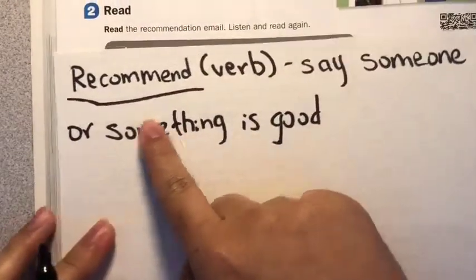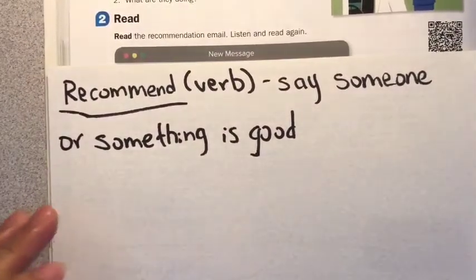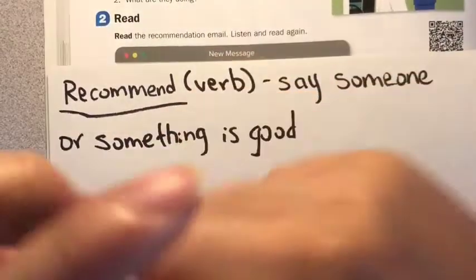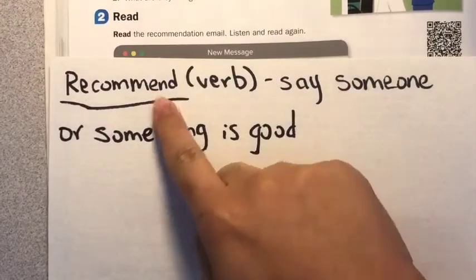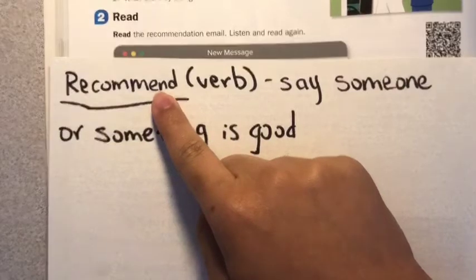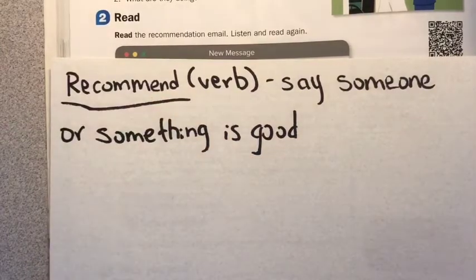When you recommend something, you say someone or something is good. So if I ask you, what's a good restaurant to go to? I'm asking you to recommend a restaurant. I want to go to a restaurant. What's a good restaurant? So I'm asking you to recommend me a restaurant.